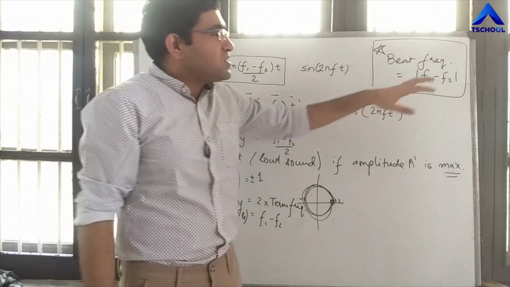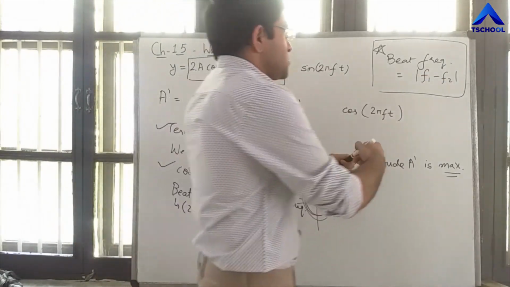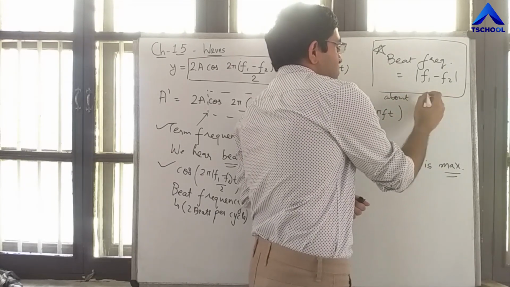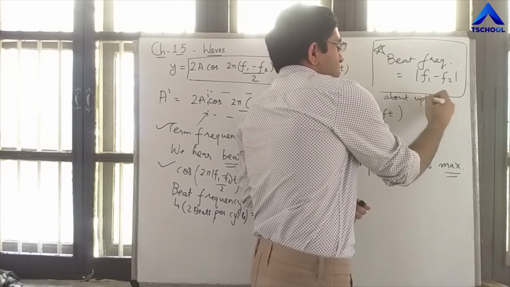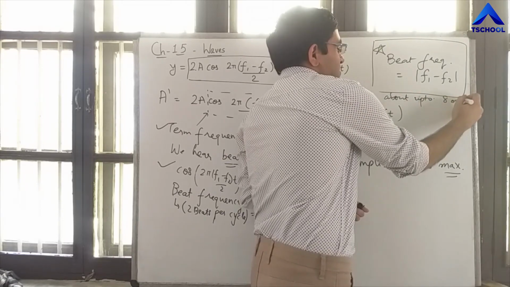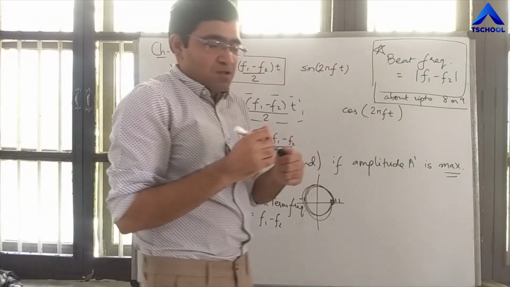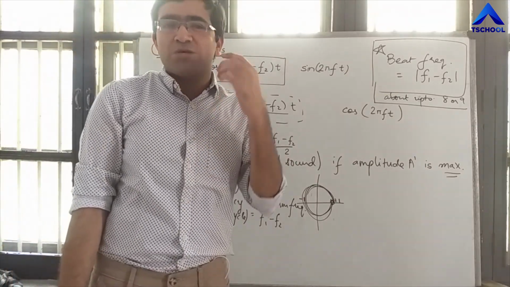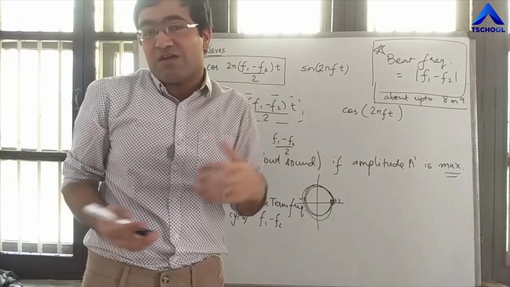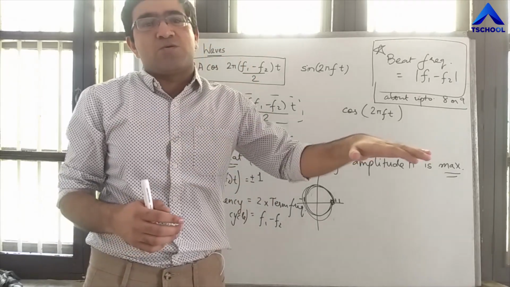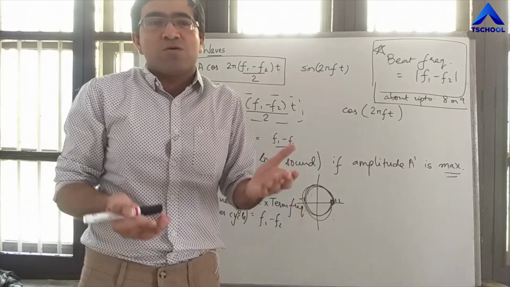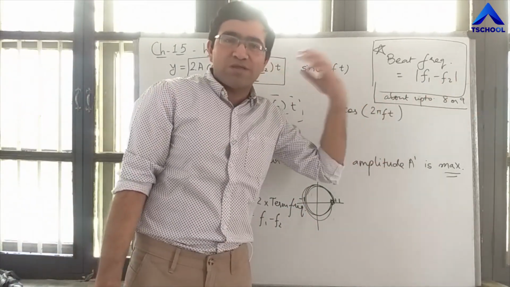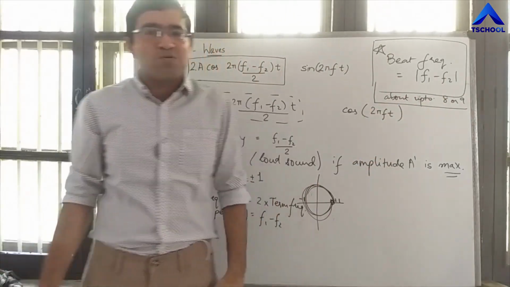When this difference is up to, let's say, 8 or 9, humans can hear that. But if you go beyond that, it's difficult to listen to the pulsating sound, and we just feel as if there's a constant sound and there are no beats. So the mathematics is valid, but here there is a human limitation to what we can hear, right? So that's all about beats.